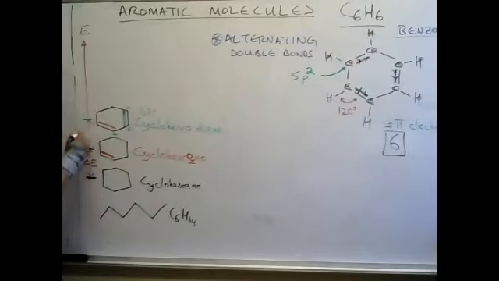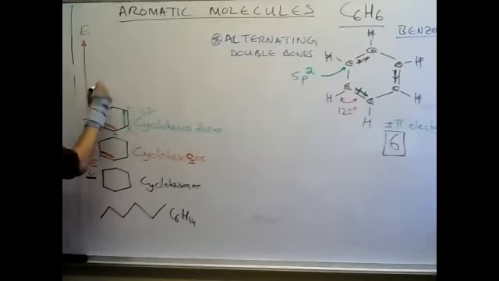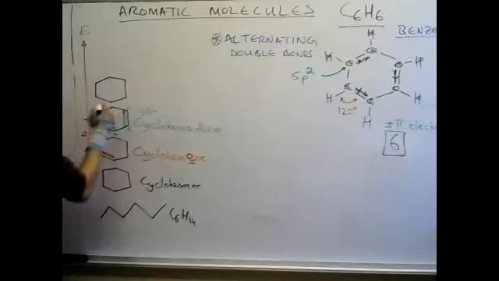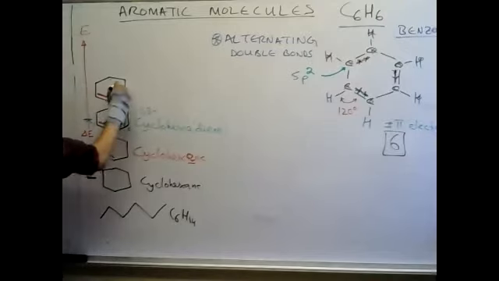So delta E: no double bond, whatever energy. One double bond, it goes up by delta E. You stick a second double bond, it goes up by another delta E. Now you stick a third double bond, and you expect the energy to get screwed up by the same amount.